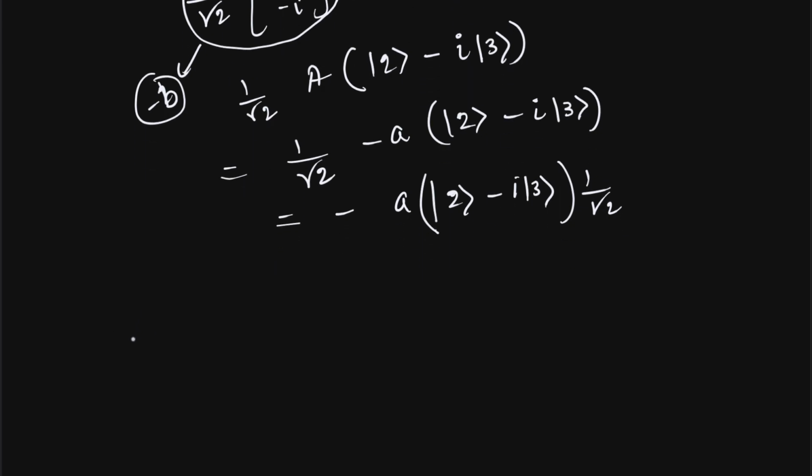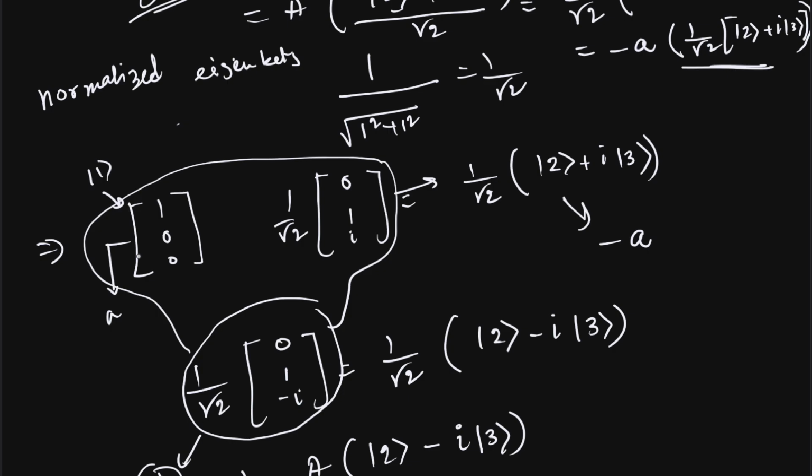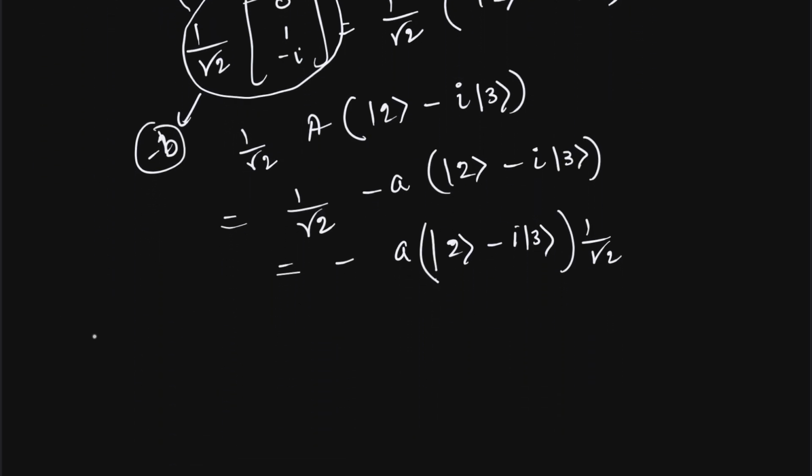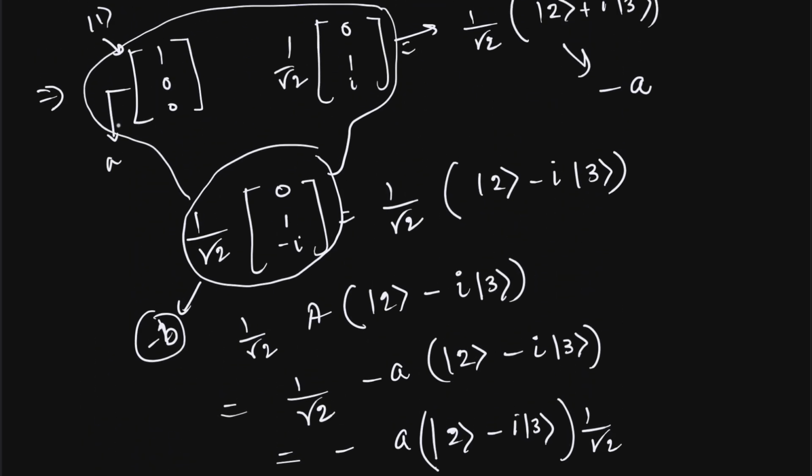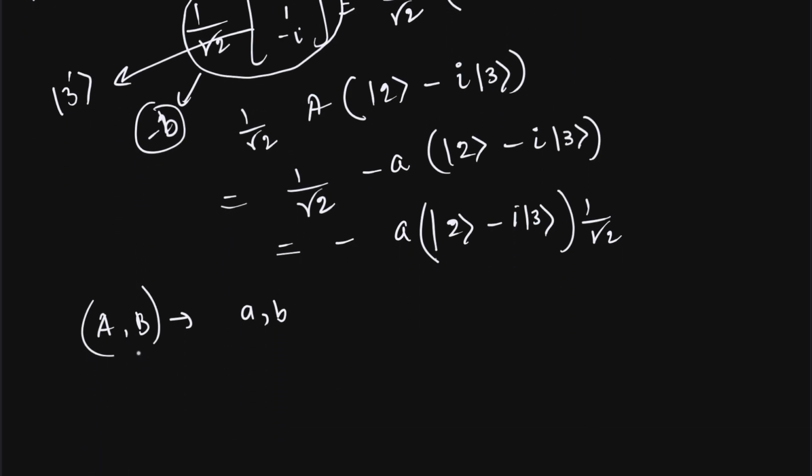Now last, does the specification of eigenvalues completely characterize these eigenkets? For the first eigenket, the eigenvalues of the operators A and B are a, b. Suppose we call these 1 prime, 2 prime, 3 prime, which are our new simultaneous eigenkets.